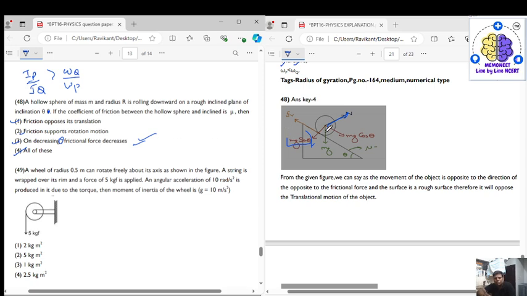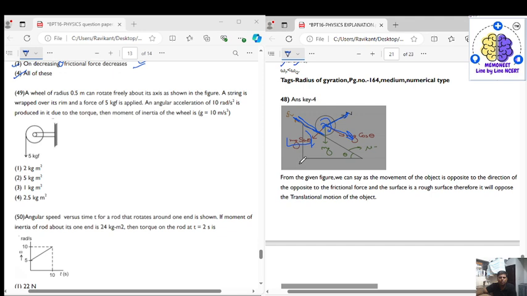This frictional force, which has been drawn in red color, produces a torque about this center, which helps this body to rotate about this point, right? And the friction force opposes the translatory motion, because the translatory motion is in the forward direction. The friction force is acting in the backward direction, so it will be opposing the translatory motion. Therefore, all the statements given over here are correct. Hence, the correct answer is option 4, that is all of these.